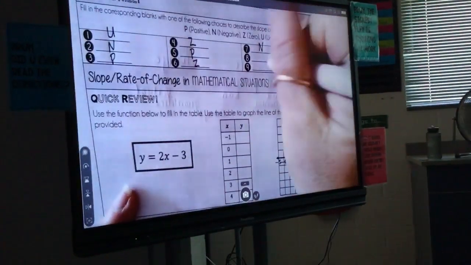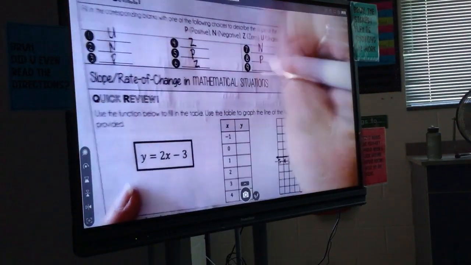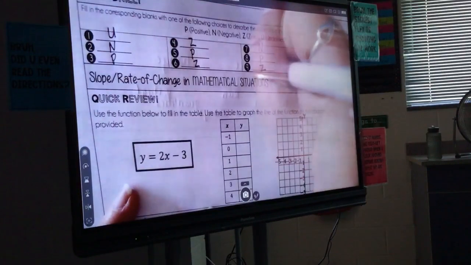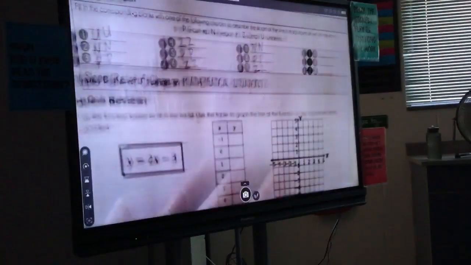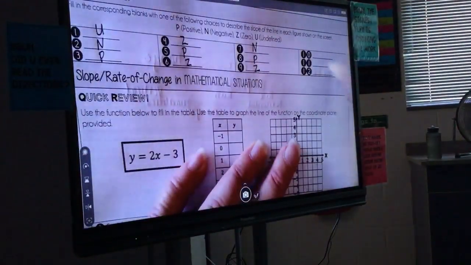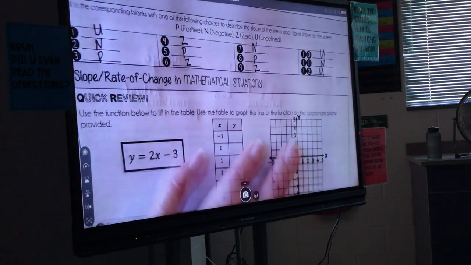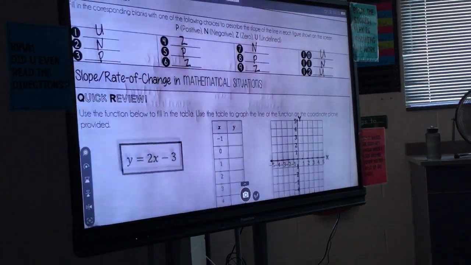Nevaeh, number 8. Cam, number 9: 0. Number 10, Jeffrey: undefined. Soraya, number 11: you said negative. And number 12, Richard: undefined. All right, so this is where the fun begins.